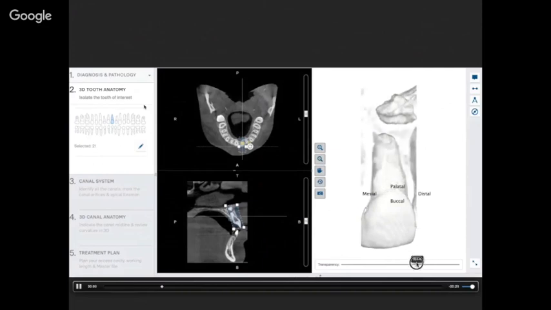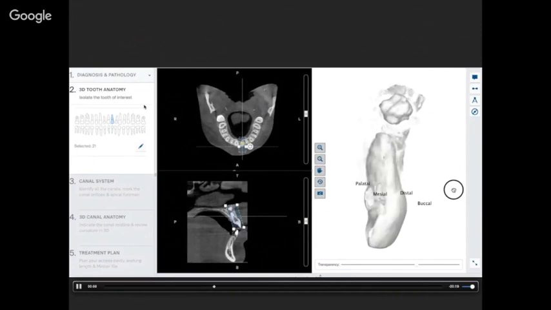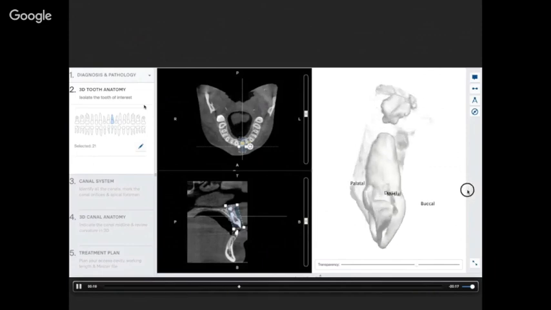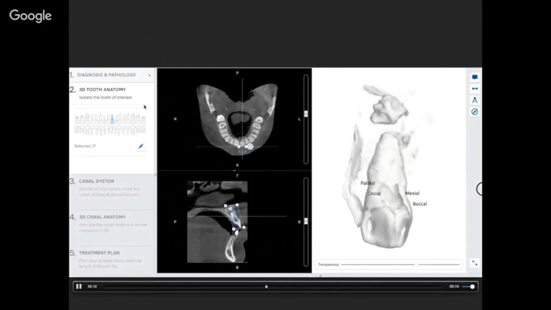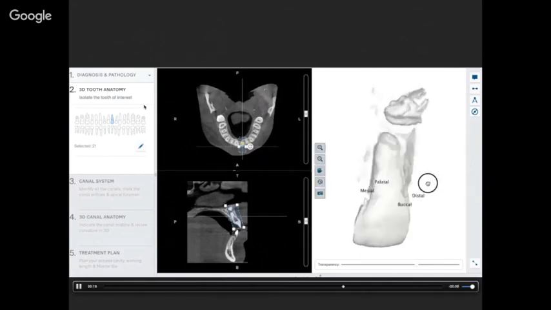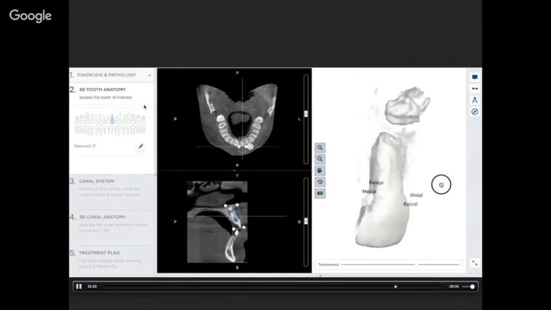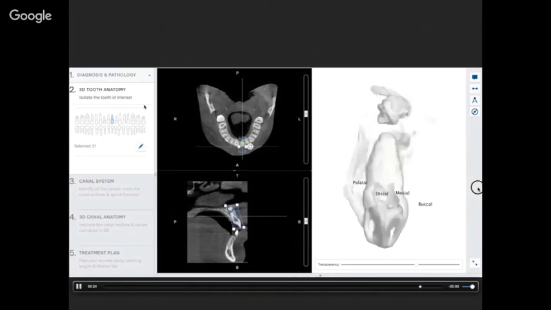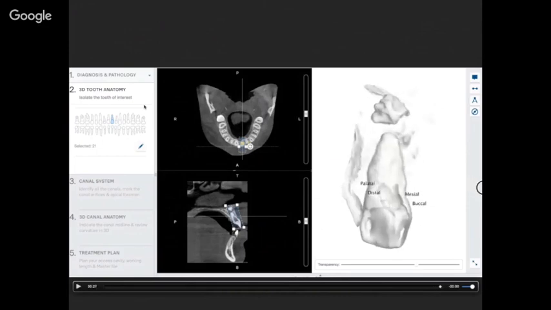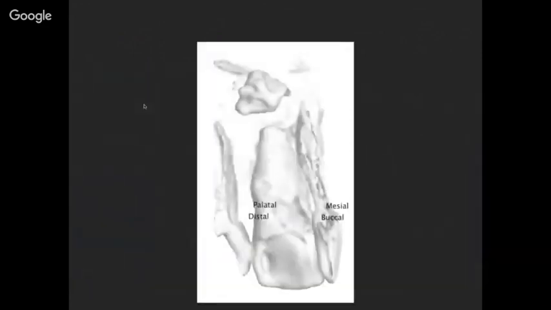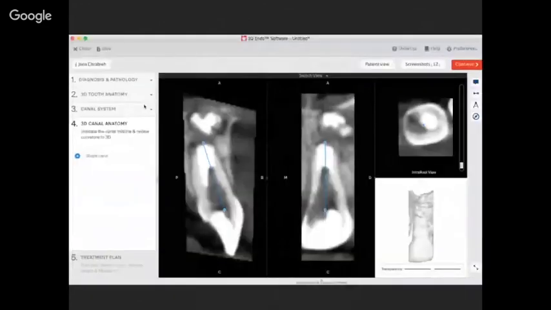So moving the cursor again, we can move the tooth, and here you start to see on the mesial aspect the exact location of the resorption and the extent of that resorption. So dealing with it is very challenging, and you can see that the complete cortical bone loss is here in that situation.